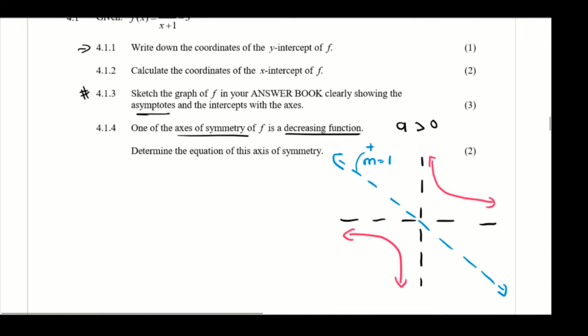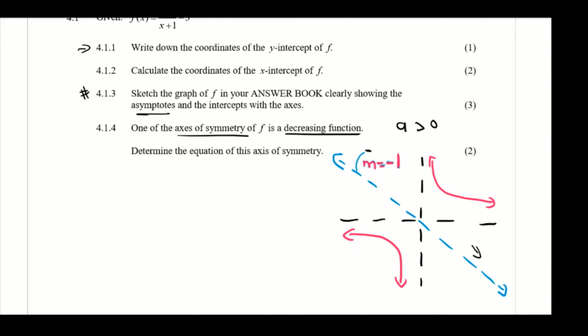Sorry. So this is the negative axis of symmetry. It's decreasing, meaning the gradient here is equal to -1. So this is the gradient of the axis of symmetry, this one here, because it's decreasing.